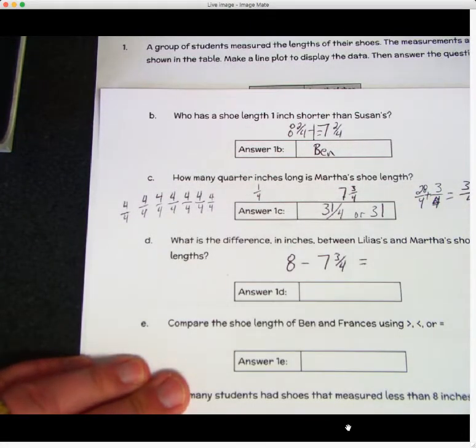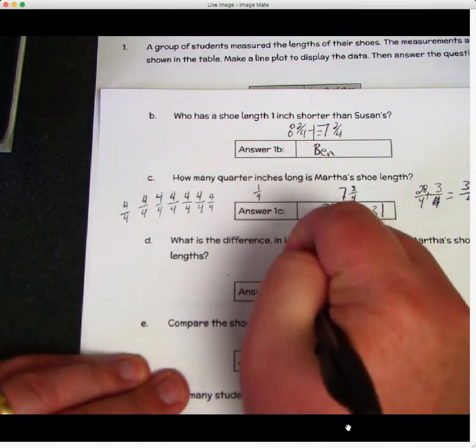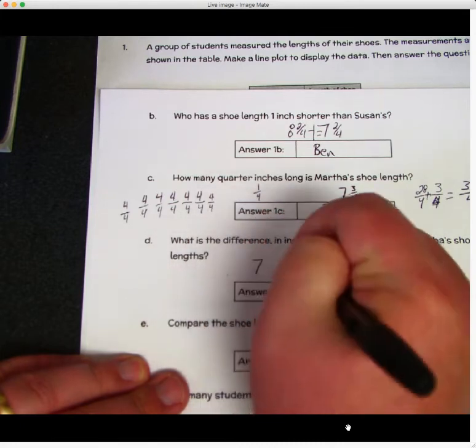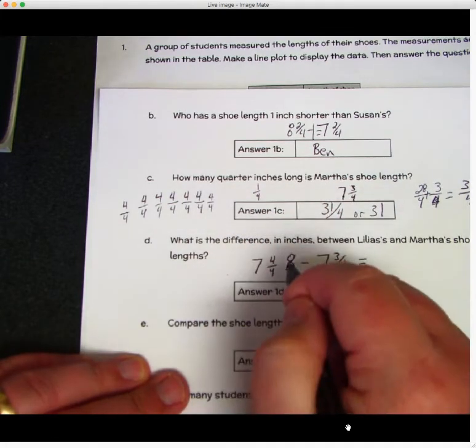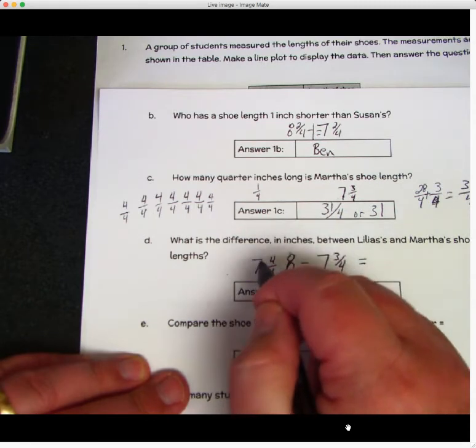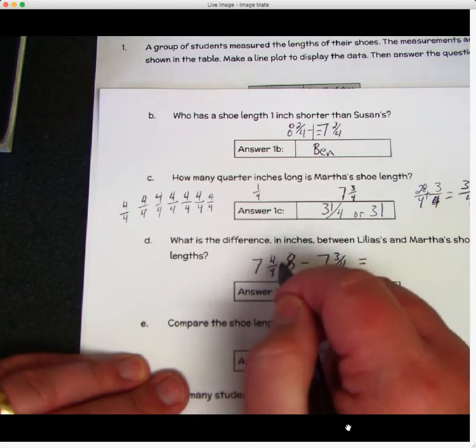How can I make this 8/4? I can take this 8 and take 1 away, make it a 7 4/4. Remember when we did that? So I took this 8 and I decomposed it to a 7, and then I took 1 4/4 to make 1. 7 and 1 would still be 8.